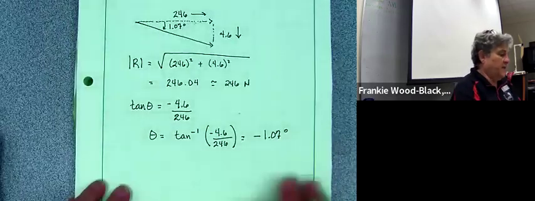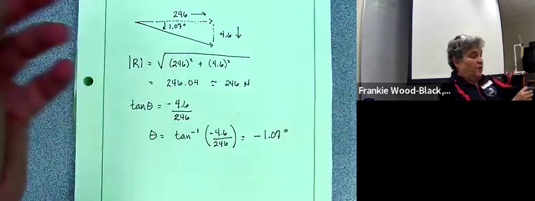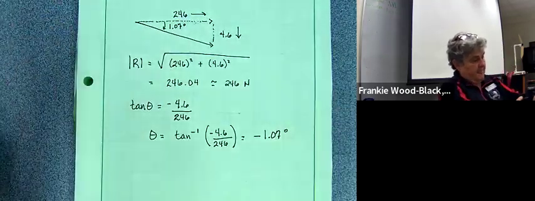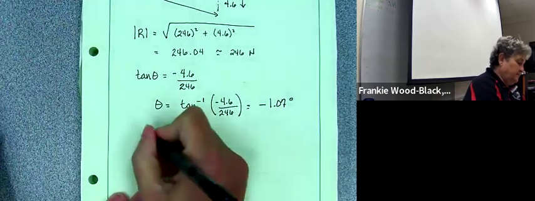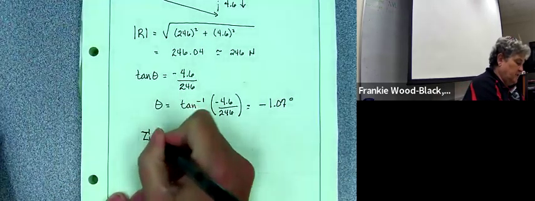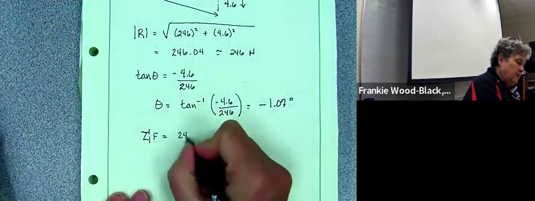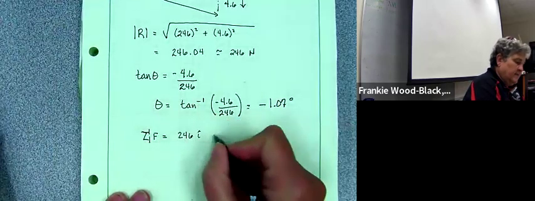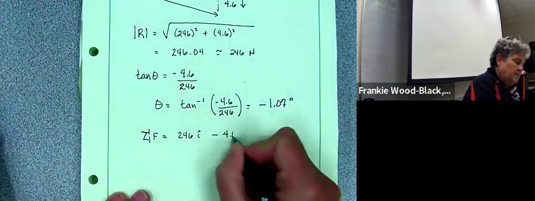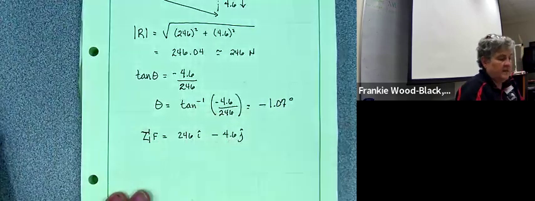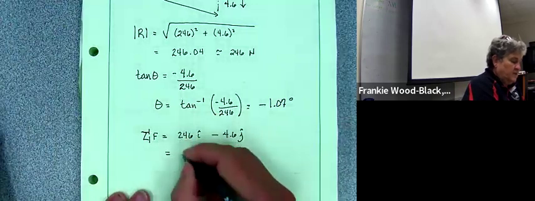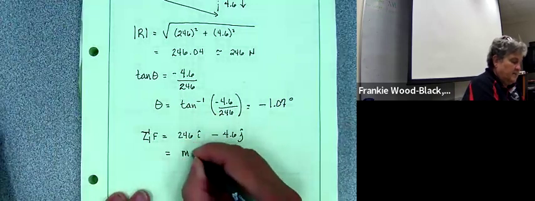Now we've got the sum of the forces. Our sum of forces is going to look like 246I minus 4.6J, but that's also equal to the mass times the acceleration.